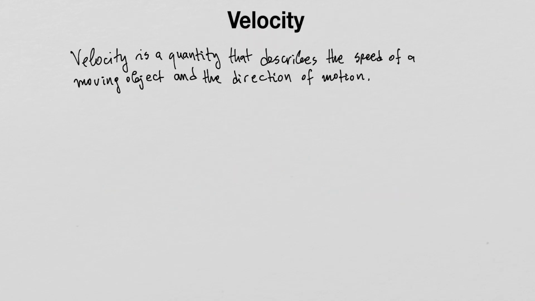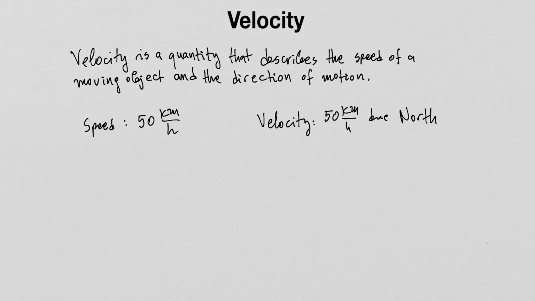Velocity is a quantity that describes the speed of a moving object and the direction of motion. Contrast that with speed only, which is a quantity that only tells us how fast an object is moving. So to contrast the two, from the previous example, we calculated the speed of the moving car, and that was 50 kilometers per hour.